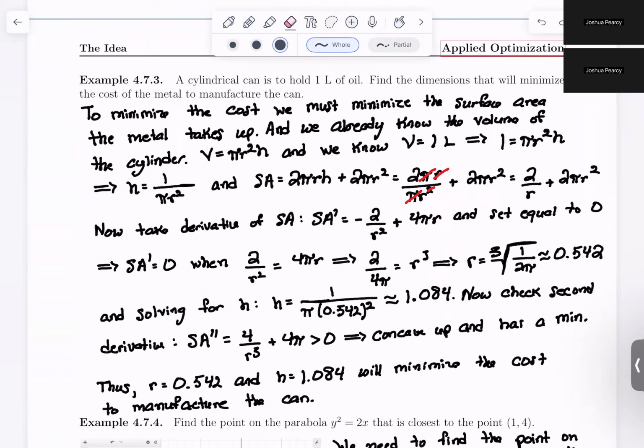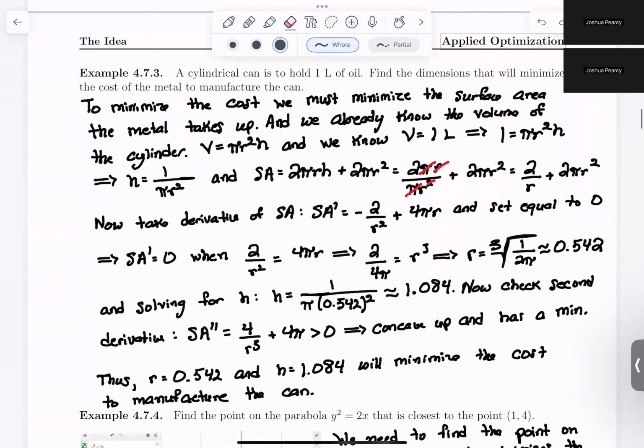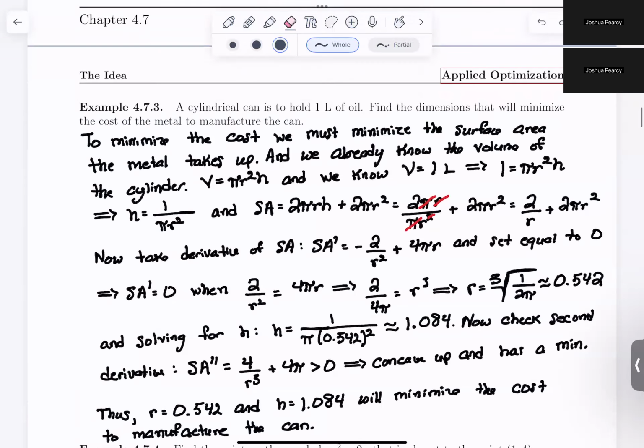But we already know the volume that the can holds is 1 liter. So I want to take this equation for the volume and solve it for h in terms of r.